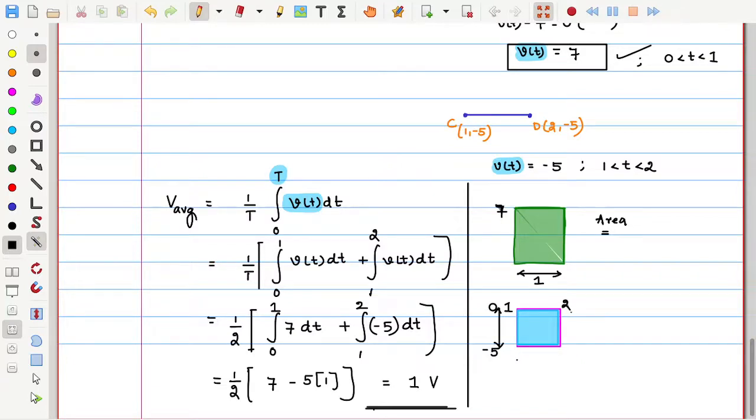How much is this height? Simply 5. Though it is negative, its height is 5 units. How much is this width? 1, 2 minus 1. So again, how much is this area?